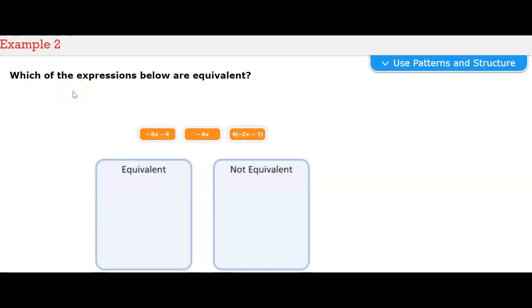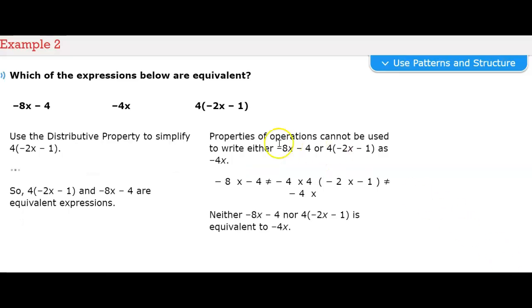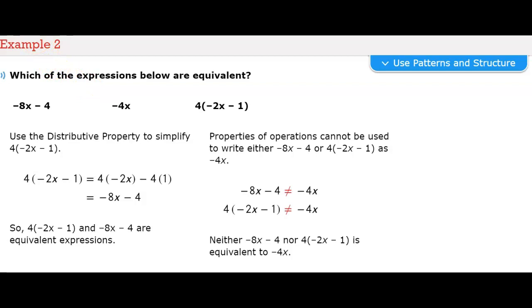Which of the expressions below are equivalent? So we have that these are equivalent expressions: negative 8x minus 4 and 4 times the quantity negative 2x minus 1.